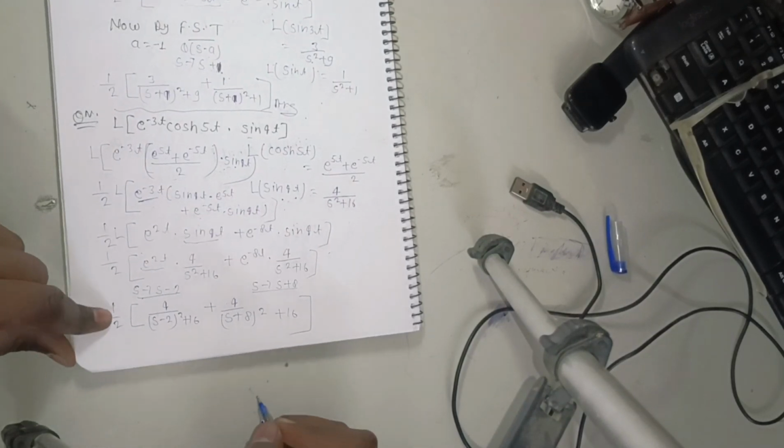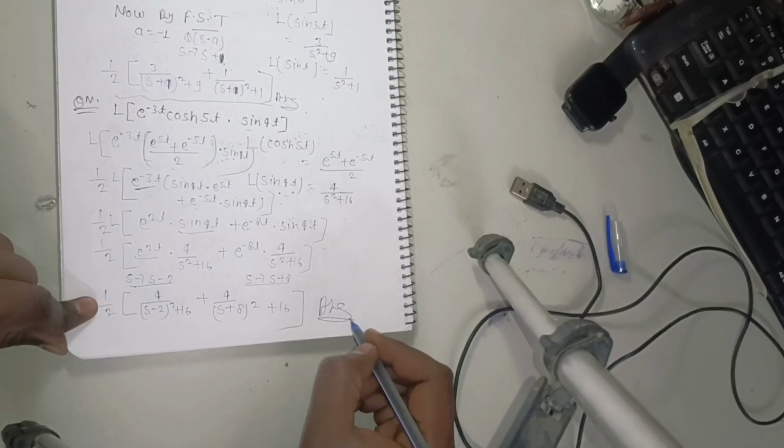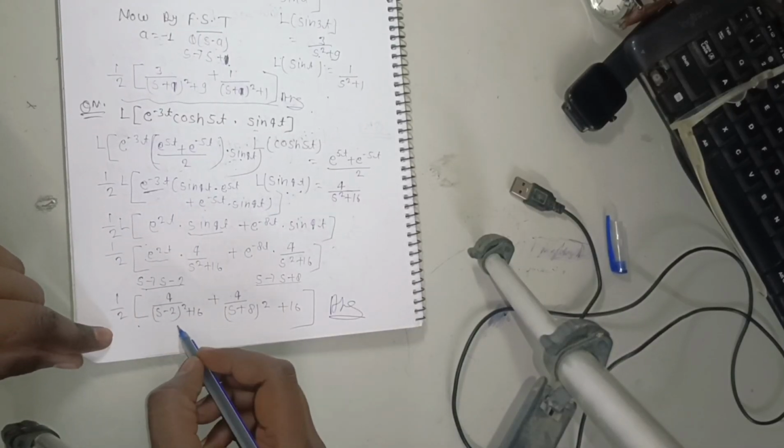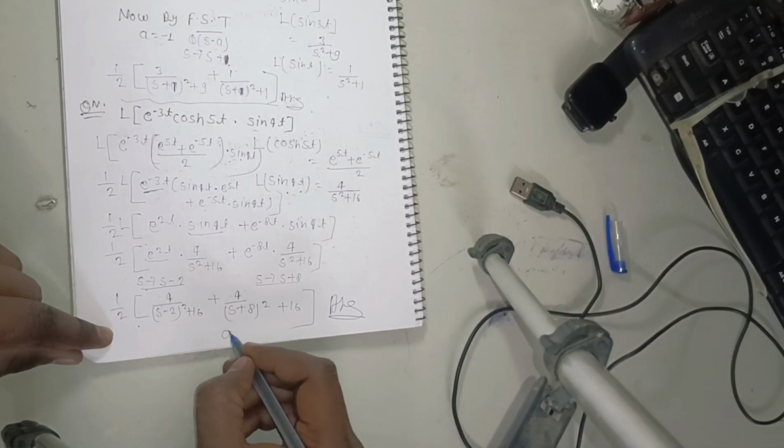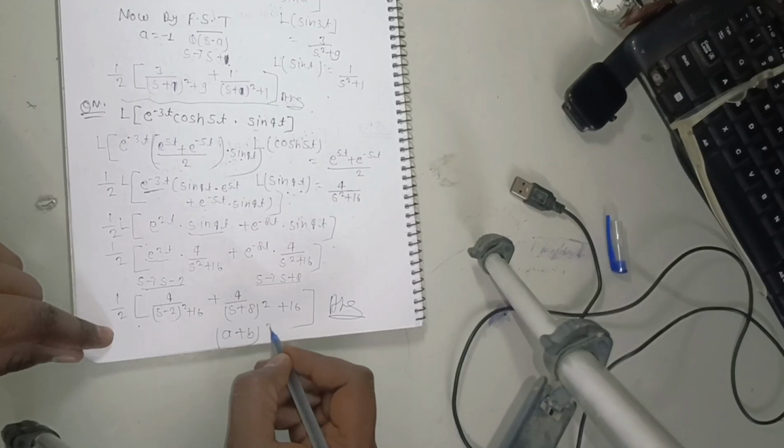Okay, so this is the answer, or I can also write it after opening s minus 2 using the formula of a plus b whole square.